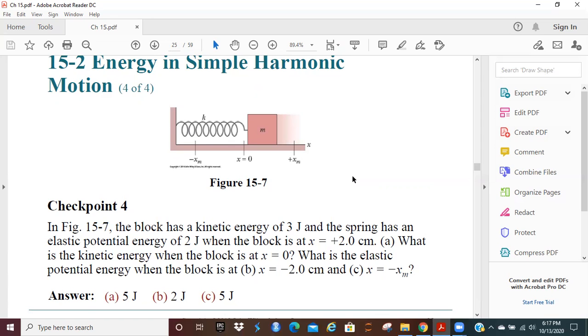What is the elastic potential energy when the block is at x is equal to minus 2 cm? That's going to end up being 2 joules.